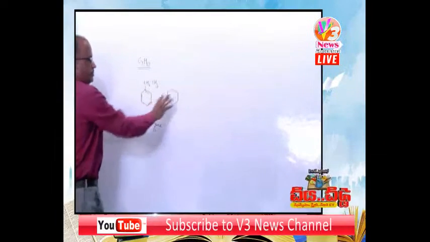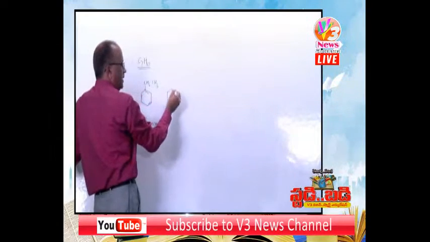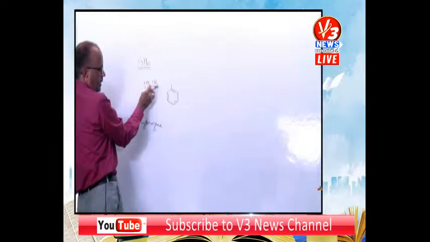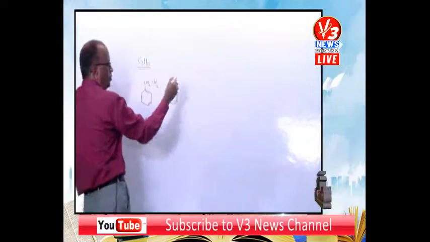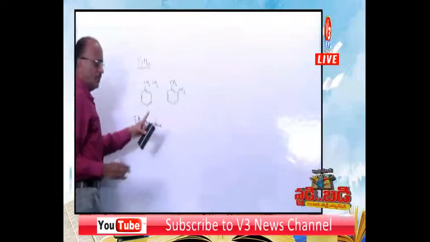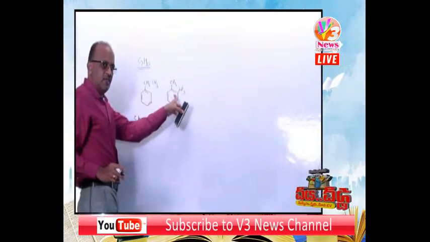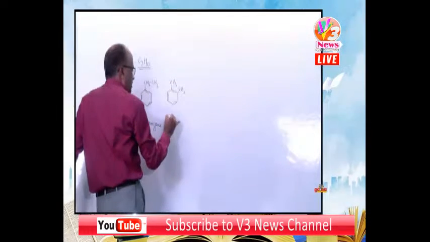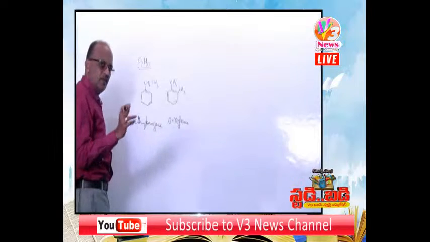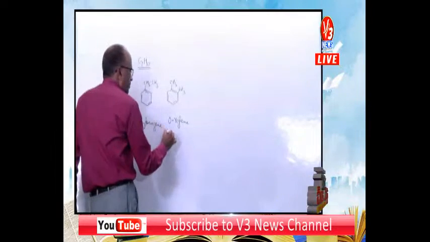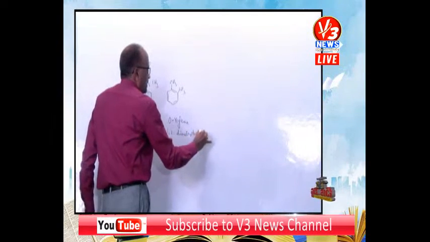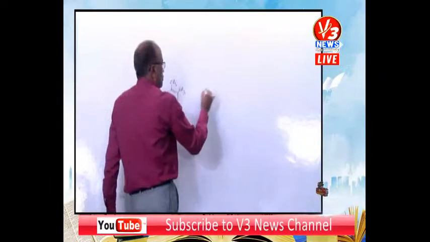aromatic ring. Another compound also I write with aromatic ring, that is a phenyl ring. Now, I split up this into two methyl groups, CH3, CH3. Two methyl groups are at adjacent position, 1,2 position. So, what is the name of this compound? Orthoxylene or 1,2-dimethylbenzene. Now, I will shift this methyl group to third carbon.